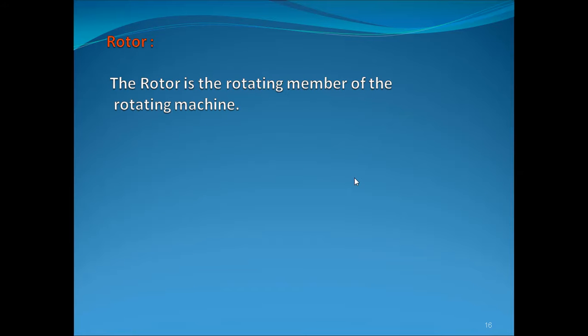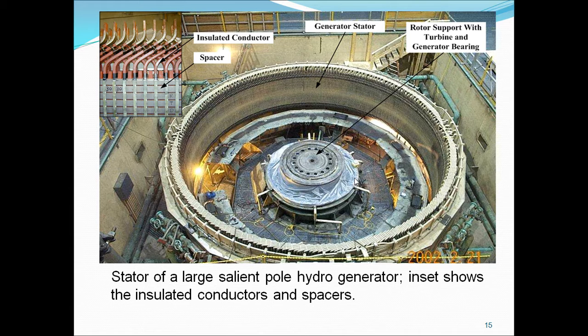So till now we have covered the stator, what it contains, how the stator frame is there, where it is there. So what does it contain? It contains the stator frame. What is the purpose of the stator frame?